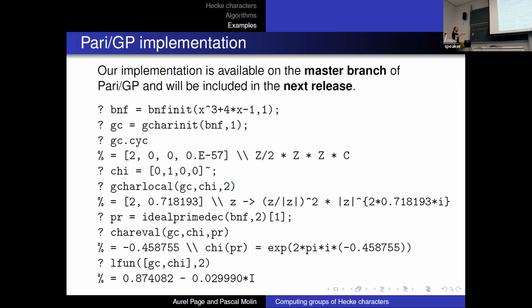You can also evaluate your character at prime ideals, or in fact general ideals. And there are built-in functionalities for L functions in Pari GP, and you can just plug these Hecke characters into this L function package and get, for instance, values of the L function.